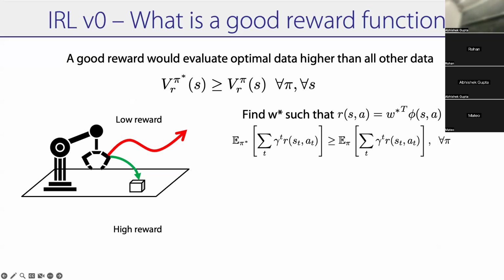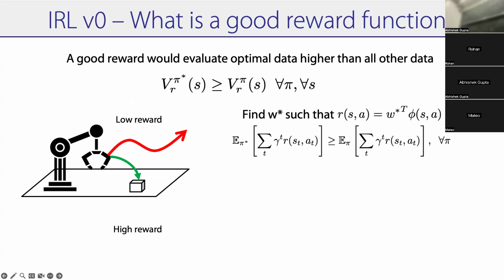So if you know some features phi, your rewards are going to be some W star transpose phi. So the parameters of your reward are just the W stars. We want to find the W star that best explains this data. So we've said V pi star of R is greater than V pi for all pi. That's the definition of the value function.